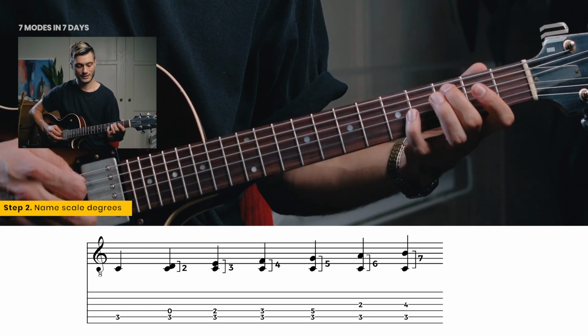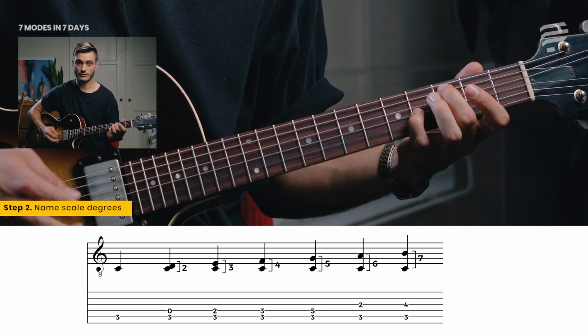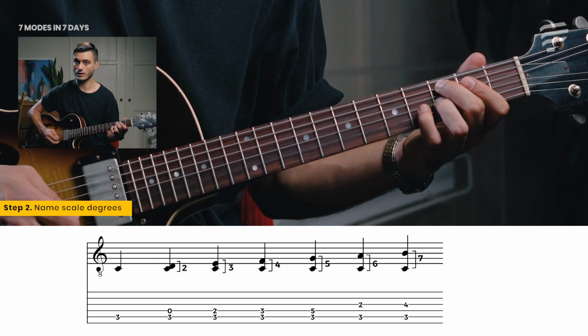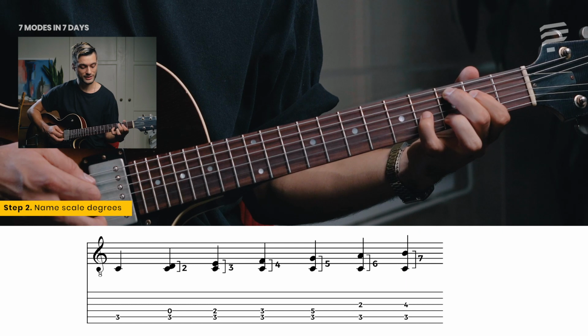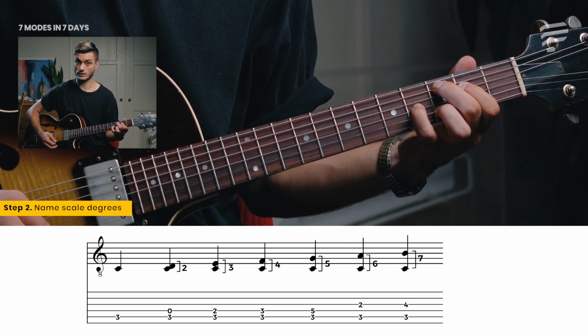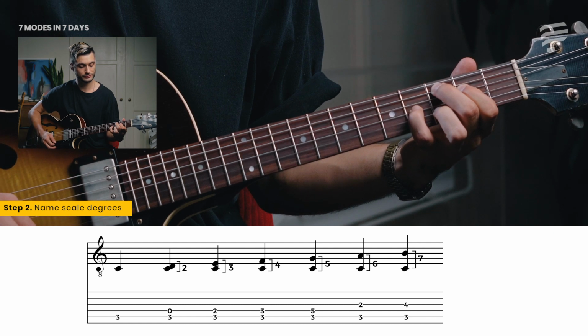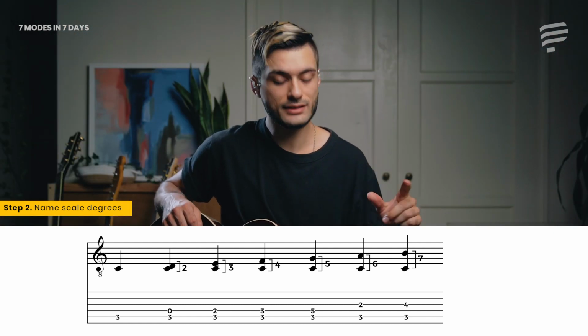And lastly, the major 7th. So this, again, isn't a flat 7th, which is used in a dominant mode, such as the Mixolydian. This is a major 7th, which you'll notice is the same major 7th which we learnt in our original major 9th chord.